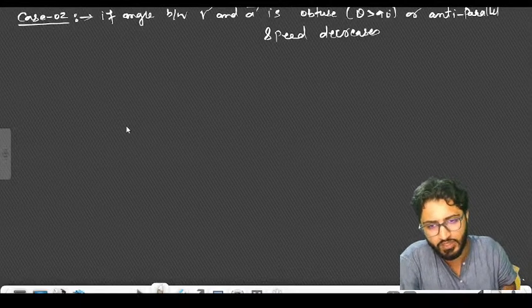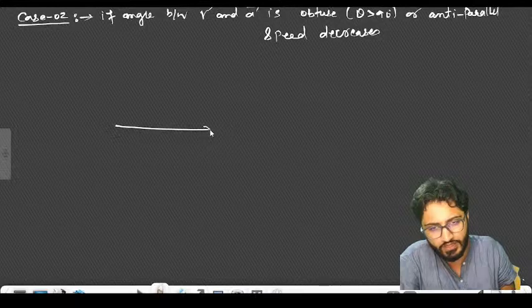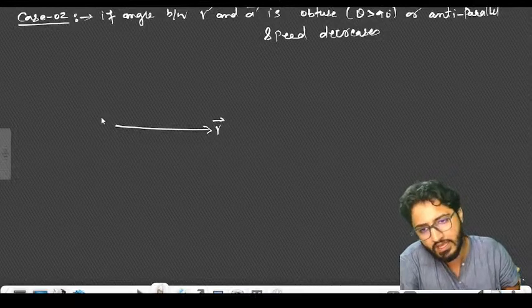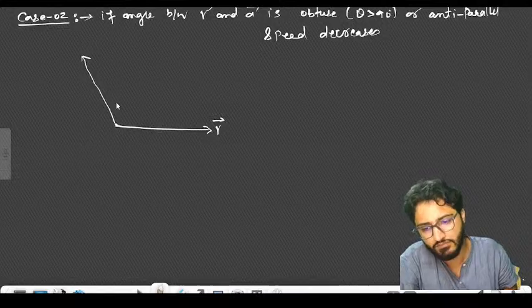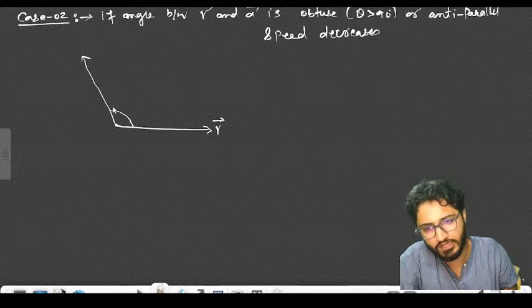You know why? Look, if velocity is going in this direction and my acceleration is going in this direction, then look here, this theta is more than 90 degrees.